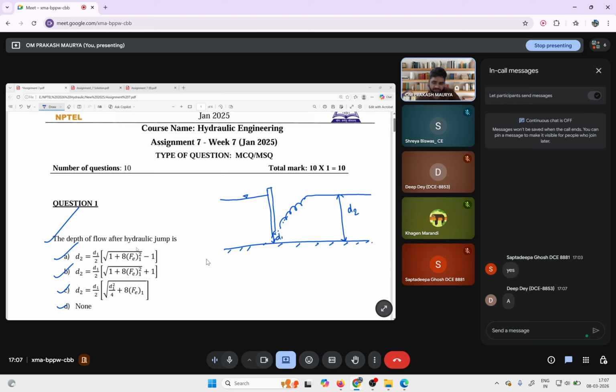Okay, Deep is telling option A is correct: D2 is equal to D1 by 2 times root of 1 plus 8 Fr1 square minus 1. Okay, Kagin is also telling option A. Okay, fine.